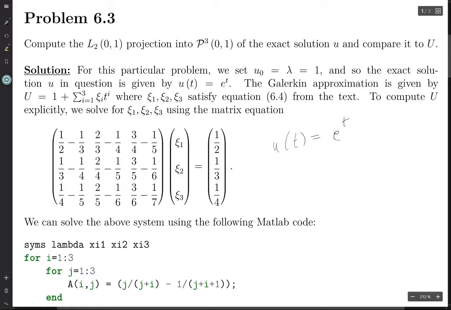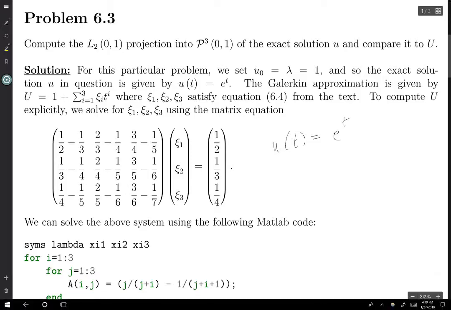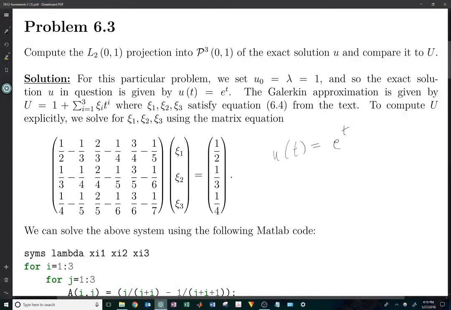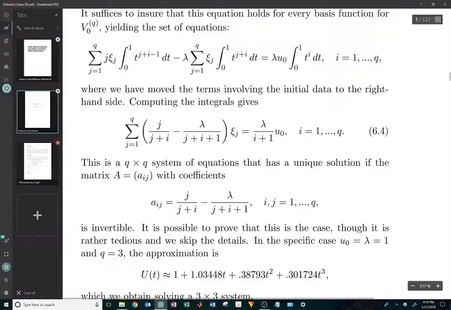Just as a reminder of what was discussed in the text, the Galerkin approximation was given by U is 1 plus a sum from 1 to 3. The top here, this 3, is because we're projecting into P3. And then xi1, xi2, xi3. There it is.